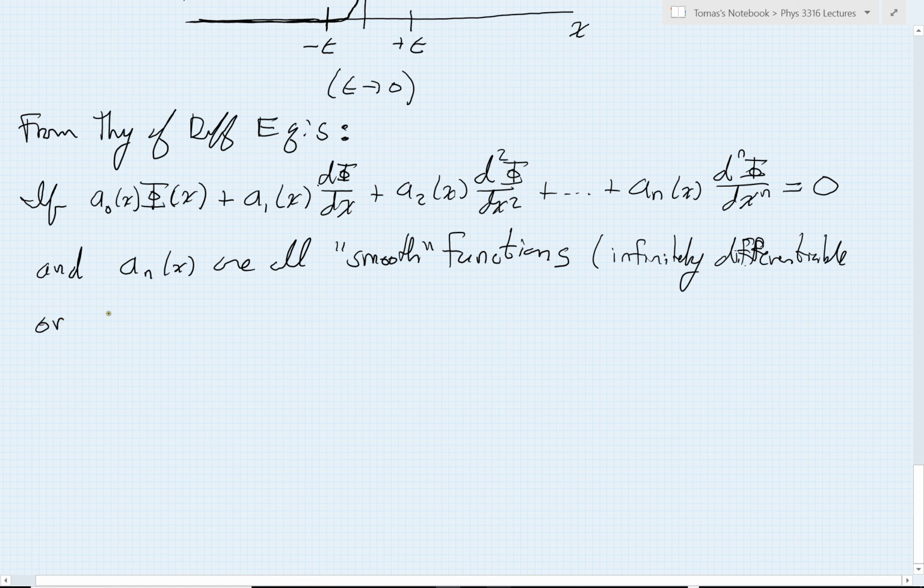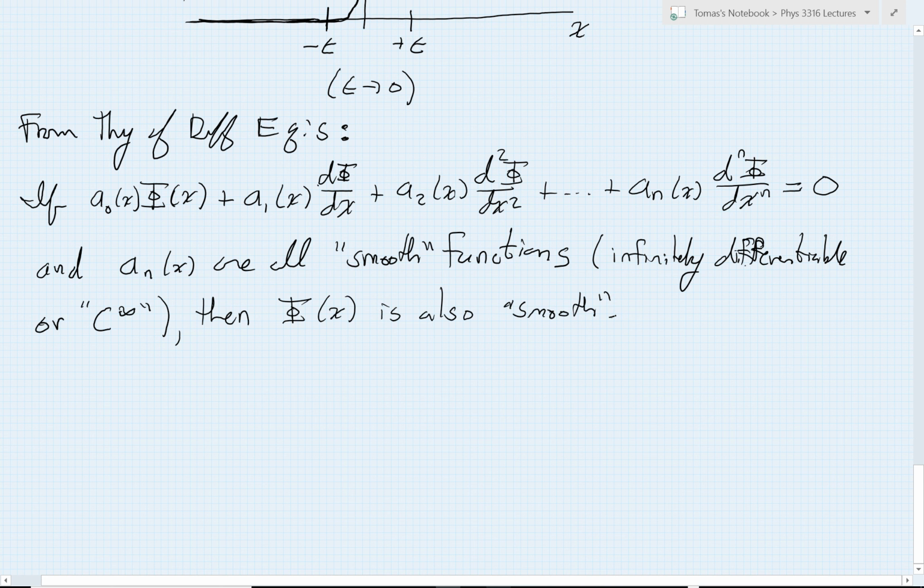In math notation, they call those functions C infinity, which just means the derivatives up to infinite order are all in fact continuous. And if I have a differential equation that defines a function phi that's in this form with infinitely differentiable parameter functions like so, then I have a theorem which says that the resulting solution phi of x is also smooth, by which again, of course, I mean infinitely differentiable.